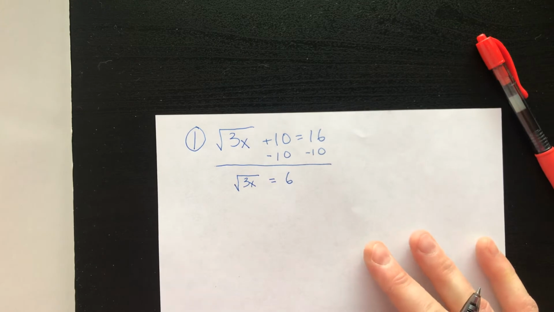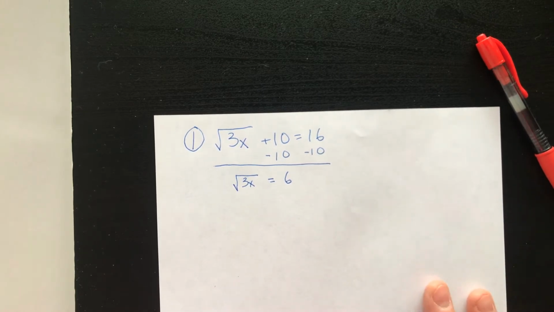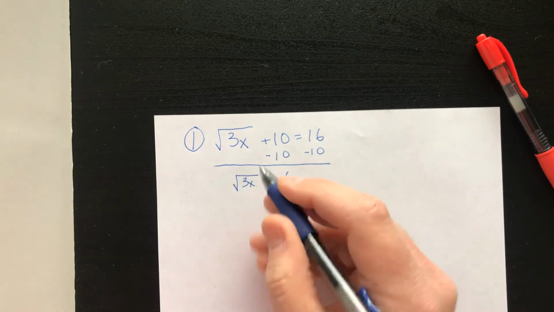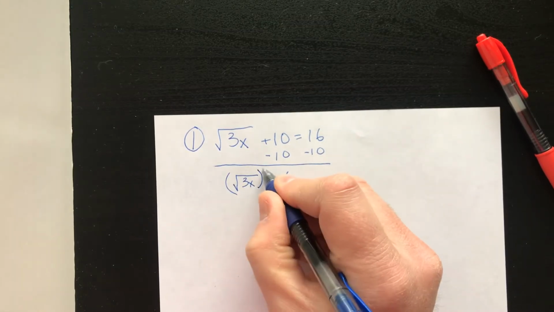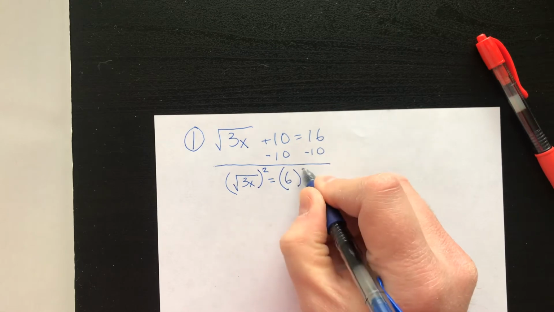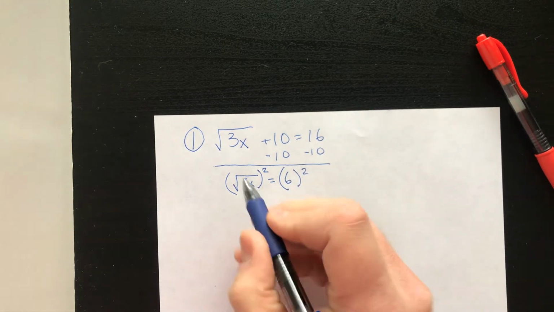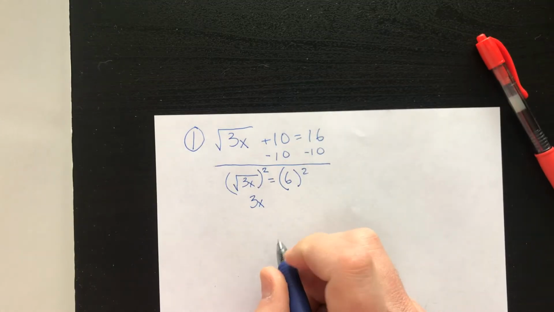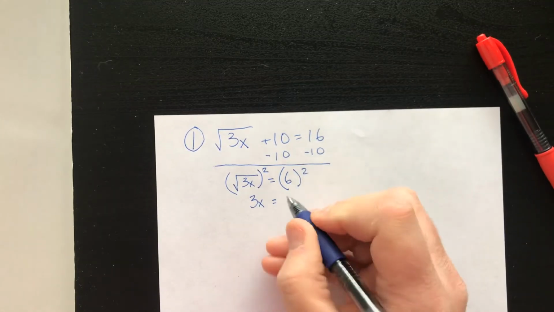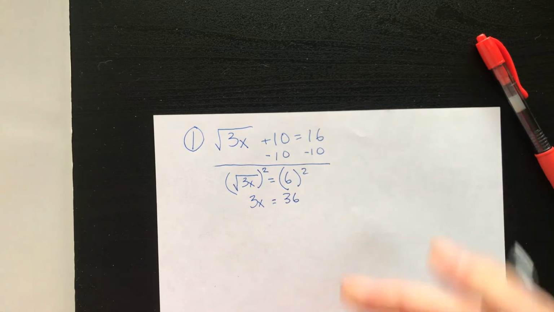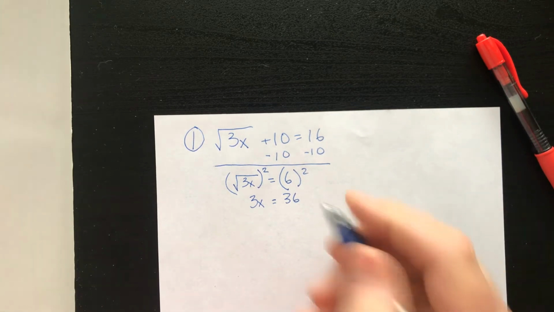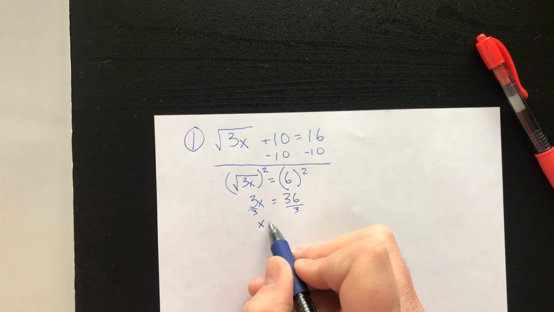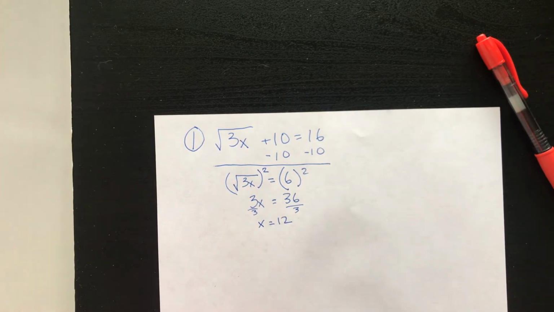And now remember, in order to get rid of a square root, we must square both sides. So the square root of 3x squared is just 3x, and 6 squared is 36. So we divide both sides by 3. x is equal to 12.